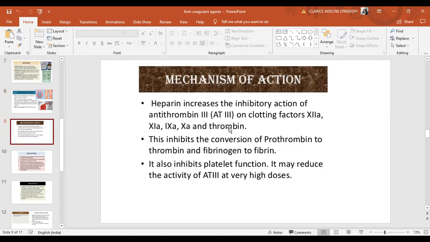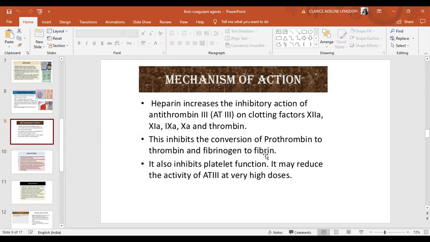So heparin injection does not allow clotting factor number 9, 10, 11, 12, and prothrombin to be activated. It does not allow them to be in the activated form. Therefore, it stops the conversion of prothrombin to thrombin, and also it stops the conversion of fibrinogen to fibrin.